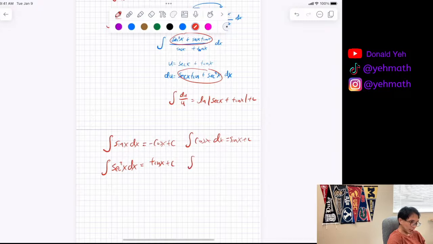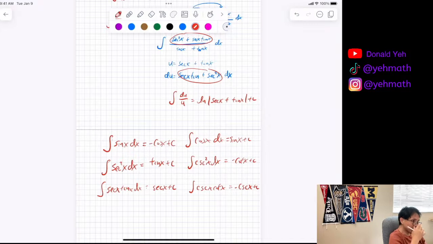And integration of cosecant squared of x dx is going to be negative cotangent of x plus c, right? Integration of secant of x tan of x is what? Secant x plus c, and the integration of cosecant x cotangent x is equal to negative cosecant plus c.